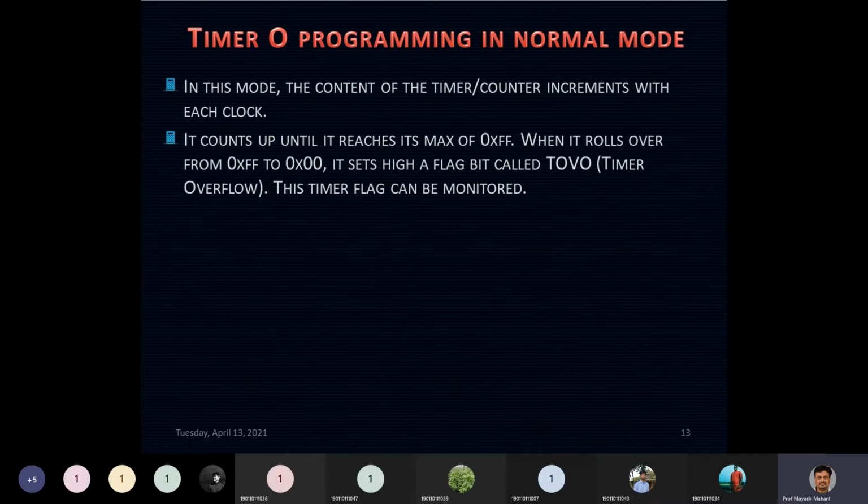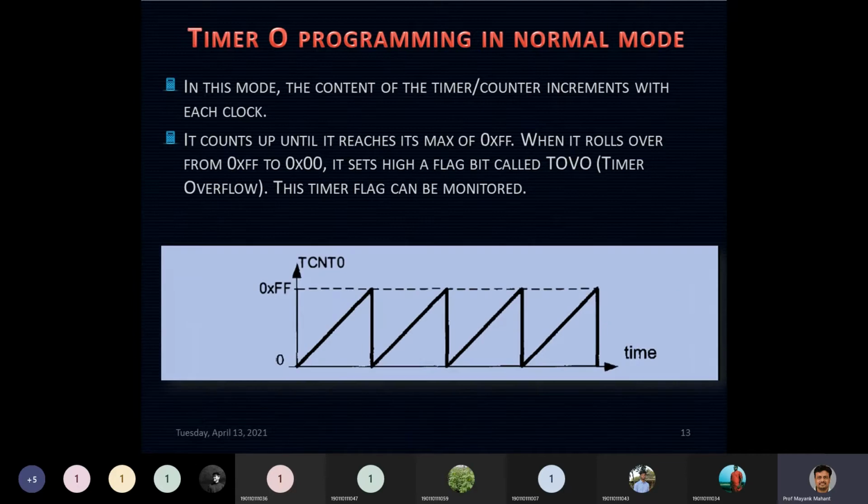So it will set this TOV flag, and this flag we need to monitor. This flag will give you an intimation that your timer has overflowed. How we can do that in a program, we will be looking at very shortly.